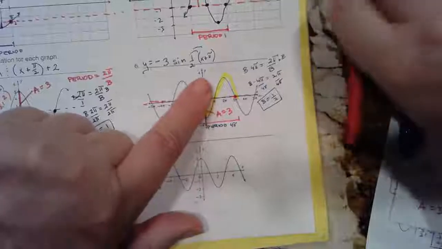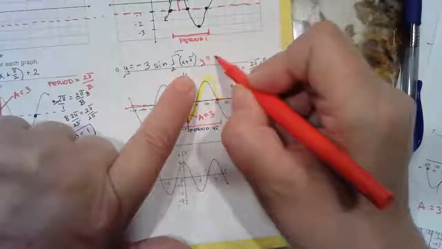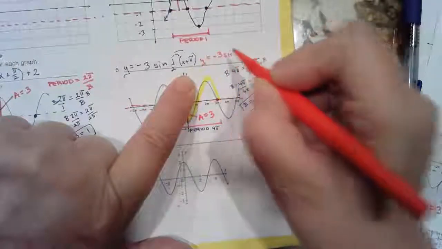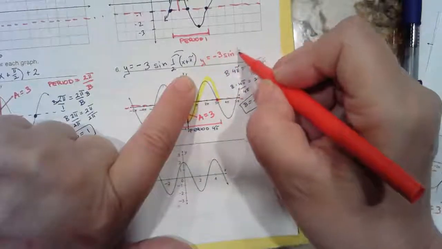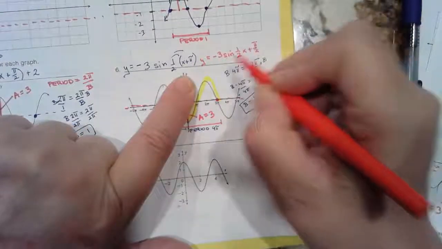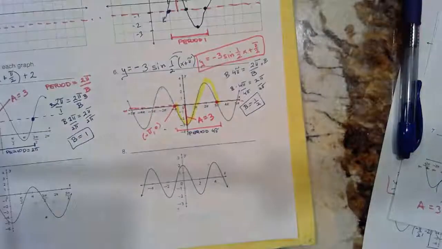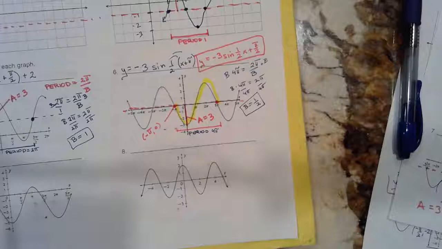So your final answer is going to be y is equal to negative 3 sine 1/2 x plus pi over 2, because you distributed that 1/2 to everything in parentheses. Okay? So that's the end.